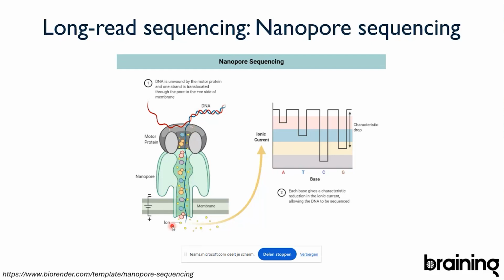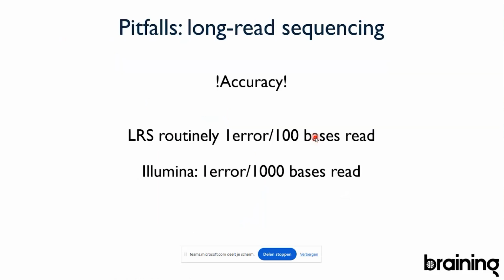This disturbs ionic current at the mouth of the pore, and these disturbances are measured and converted into a sequence because the different bases in your DNA molecule disturb the current in a different way. Okay, that's a very different principle than the PacBio technique. Okay, so those two are at this moment the long read sequencing techniques that are the most developed ones.